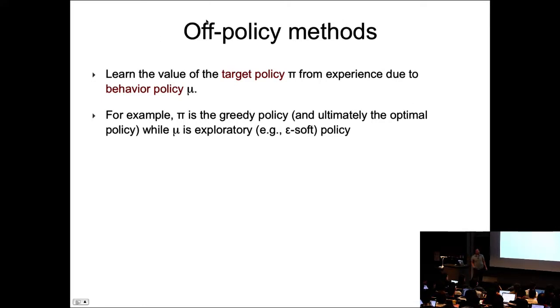The reason why is, imagine you have a production system running target policy pi. And then you build a new policy mu, and you go to your boss and say, I have a better policy.